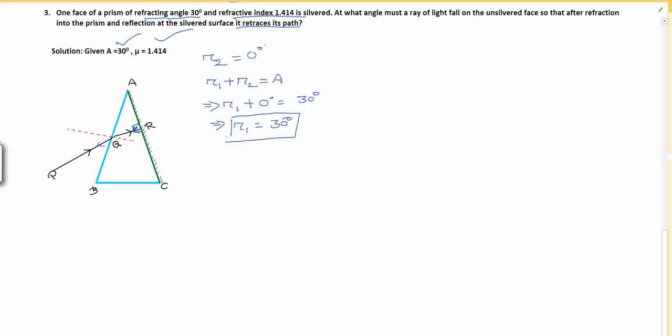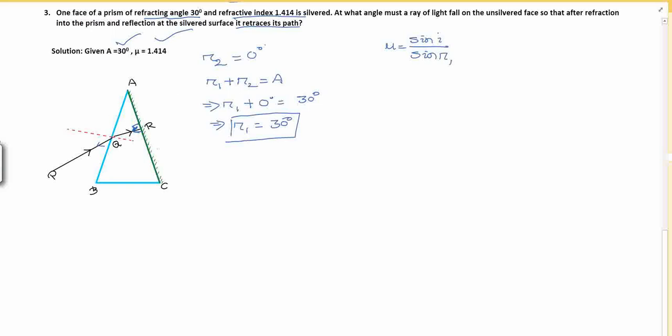Now we will find the value of I. Applying Snell's law for the first face AB, we know that mu is equal to sine I divided by sine R1.